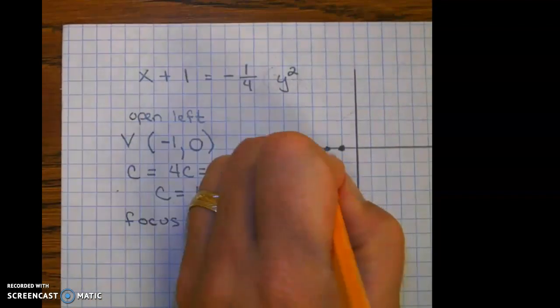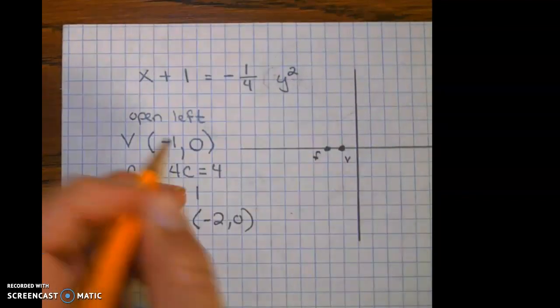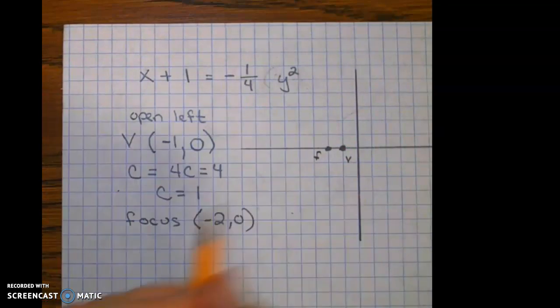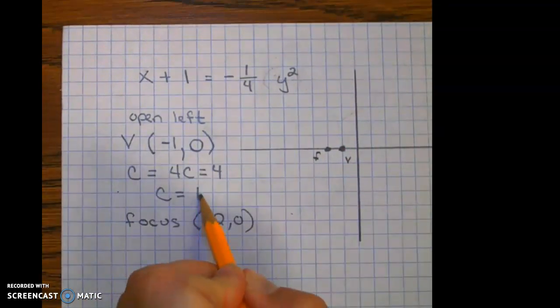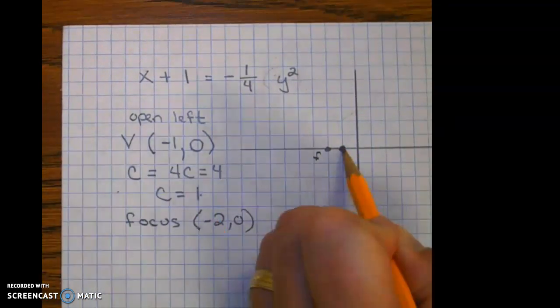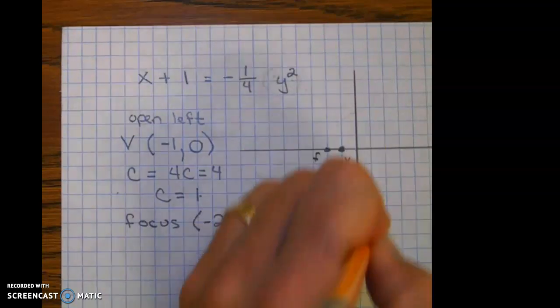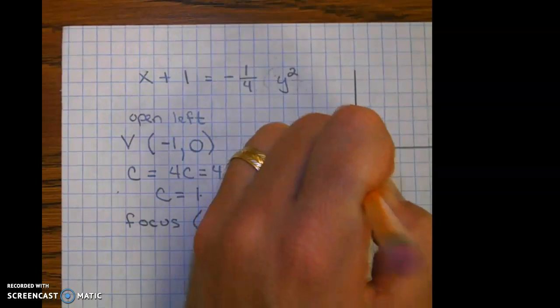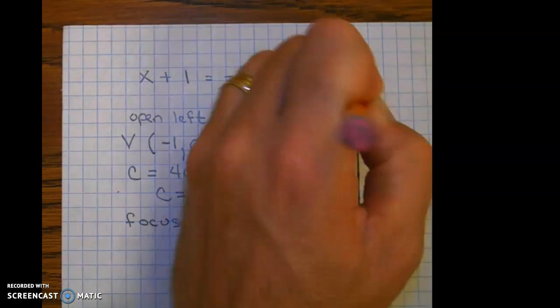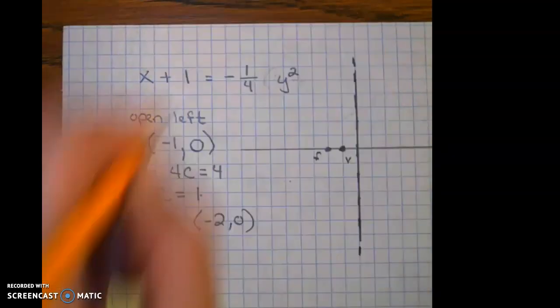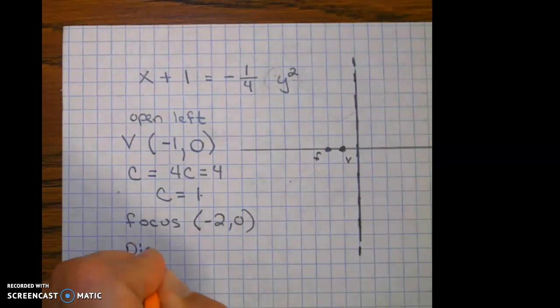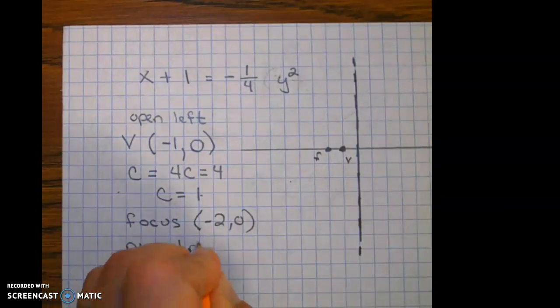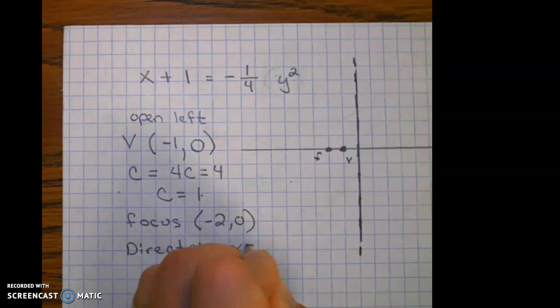Since we have our focus and our vertex, we can now go to our directrix, which will be 1 unit to the outside using our C value. So it's actually going to be on our y-axis. There's our directrix, and the equation for our directrix is going to be x equals 0.